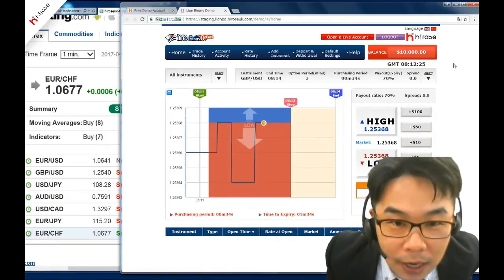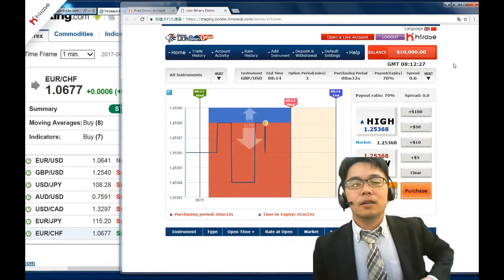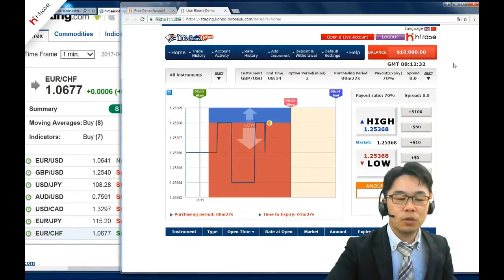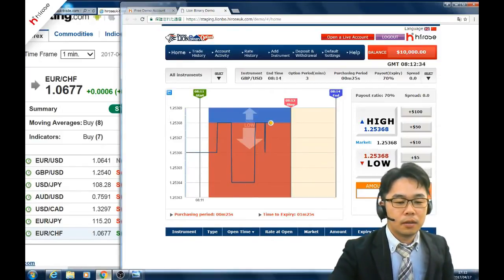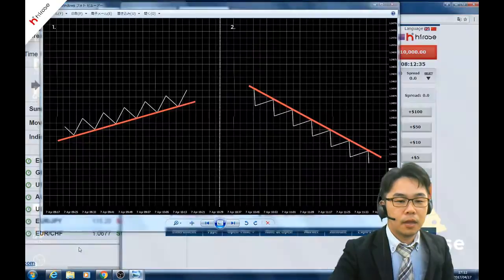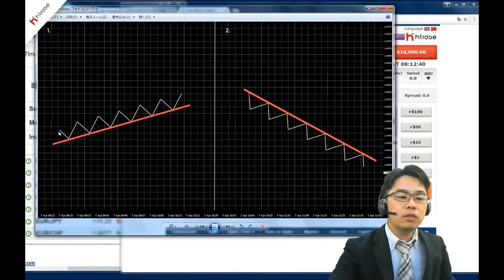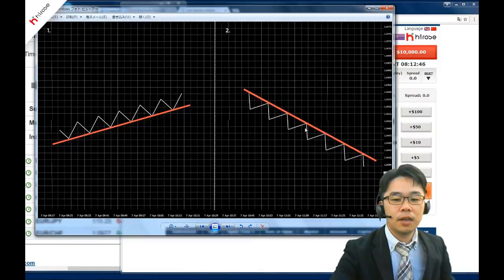Okay, so now let's look at the market movements together. I'm going to share some pictures with you. The first picture: on this one, the market price is moving in zigzag. This one is moving zigzag downward and this one is moving upward.